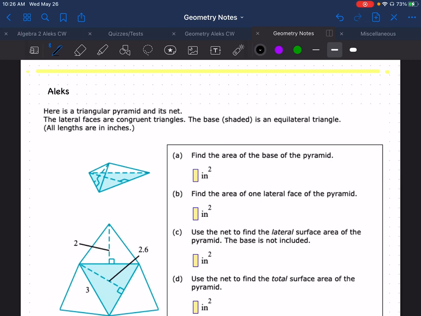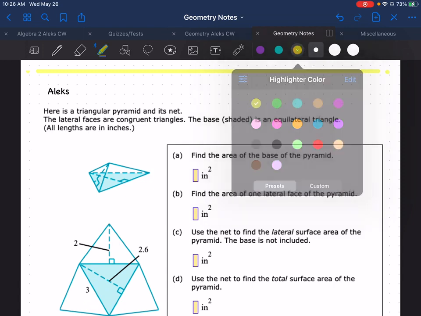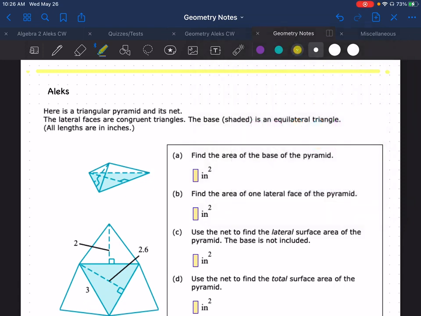The lateral faces are congruent triangles, so that means all of the triangles are the same. And the base, the shaded region, is an equilateral triangle. I'm going to have to remember that, so I'm going to highlight that. That means all the sides of my base triangle are exactly the same.